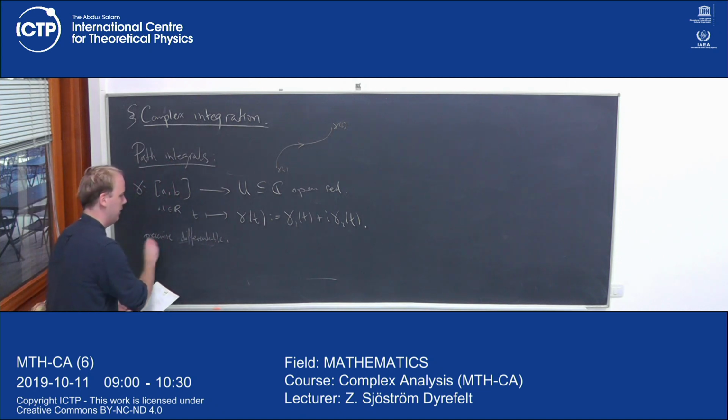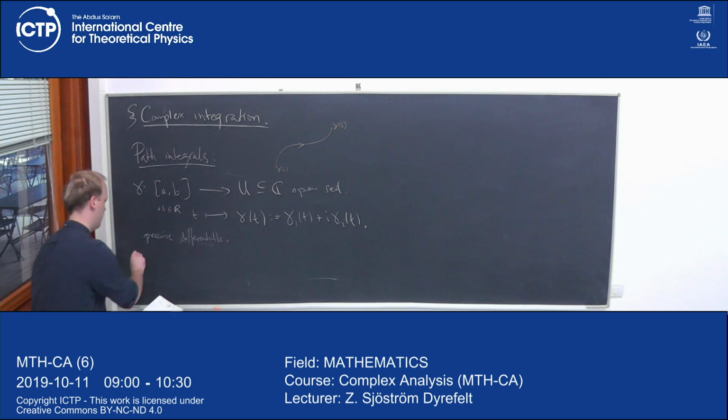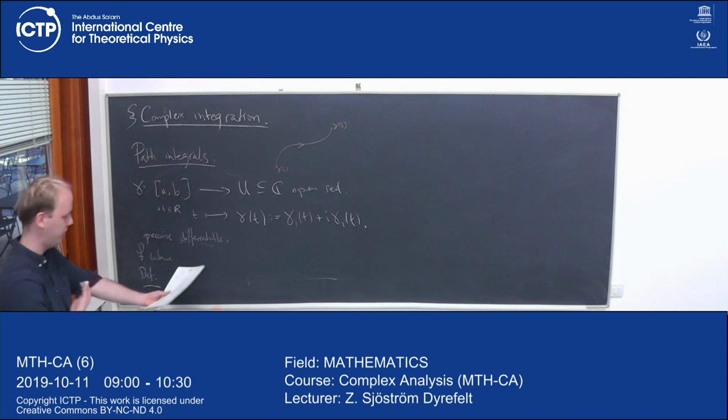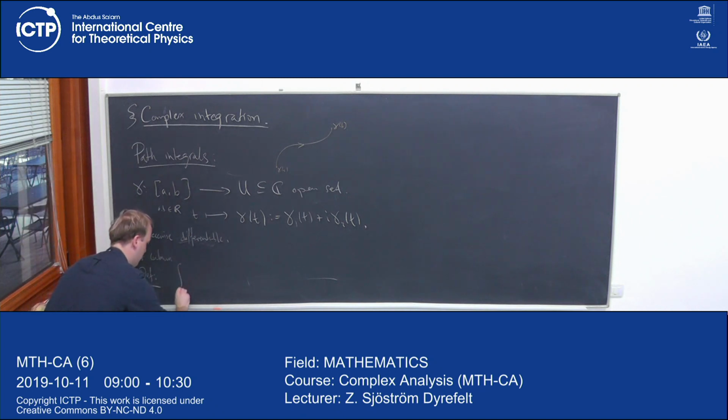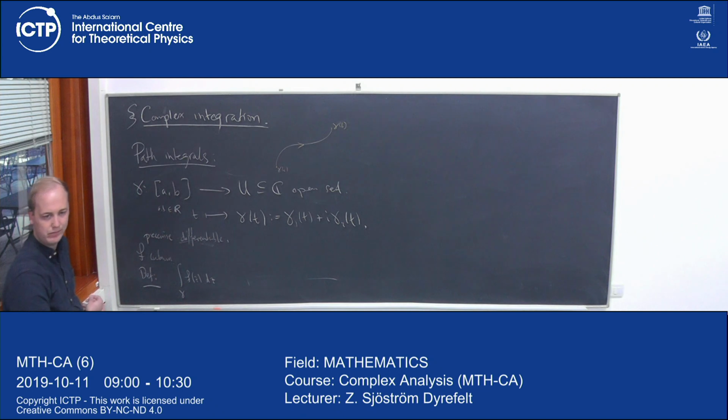Then we have the following definition. We take f continuous, which is enough. So what does it mean to take the integral of f of z dz over gamma? It's going to be a path integral.